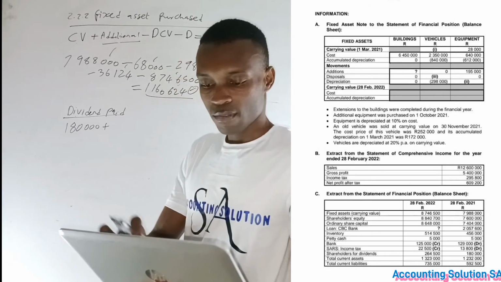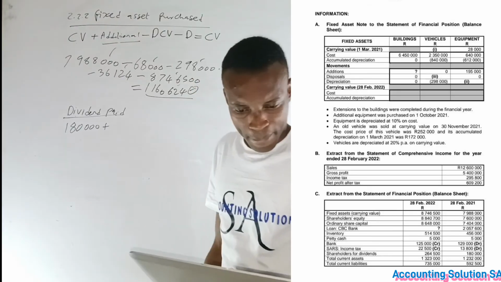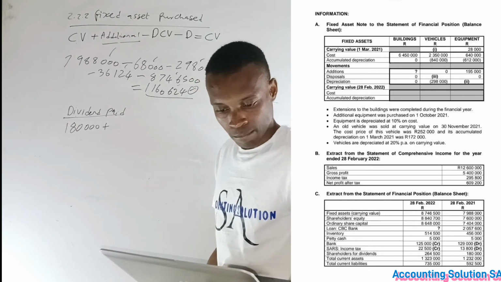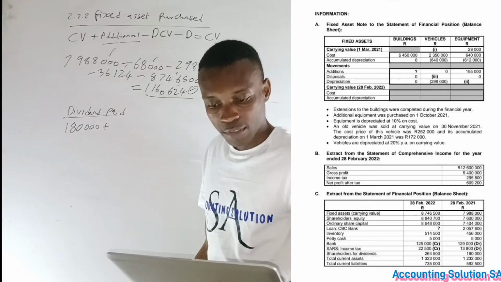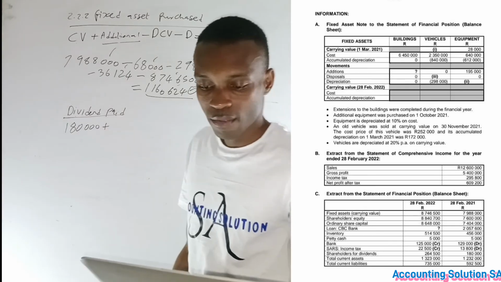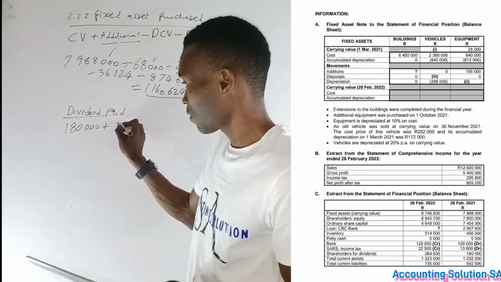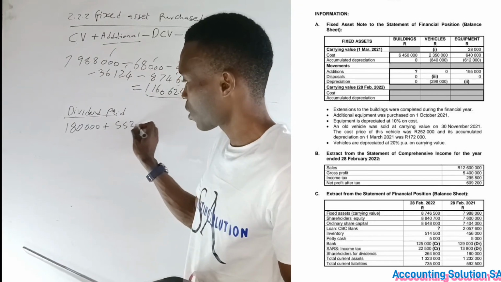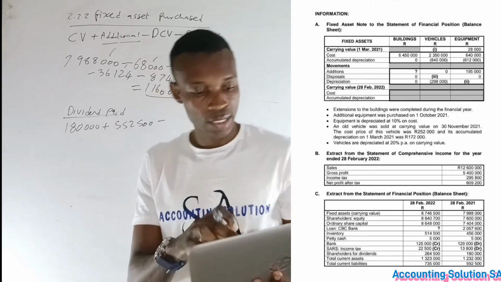Okay, opening for shareholders for dividends, it was 180. Okay, and you add dividends under a transaction. They said on transaction number E, total dividends for the financial year amounted to 552,500, and we check closing and we subtract.